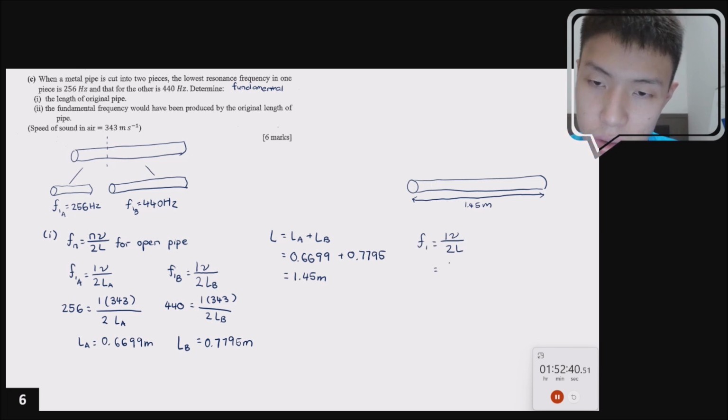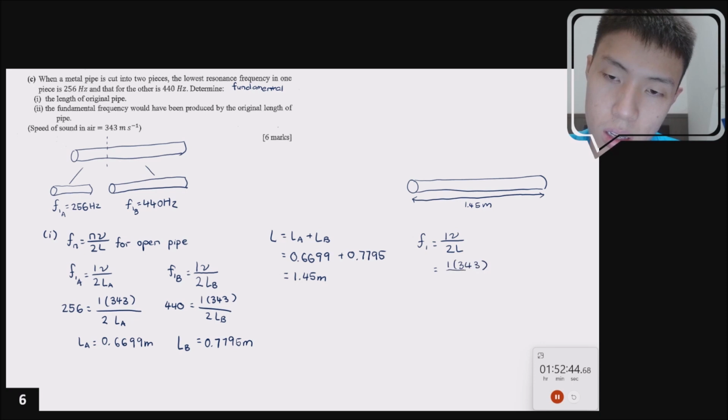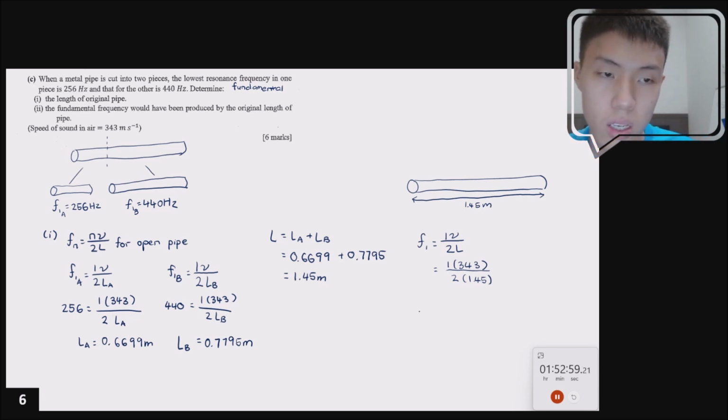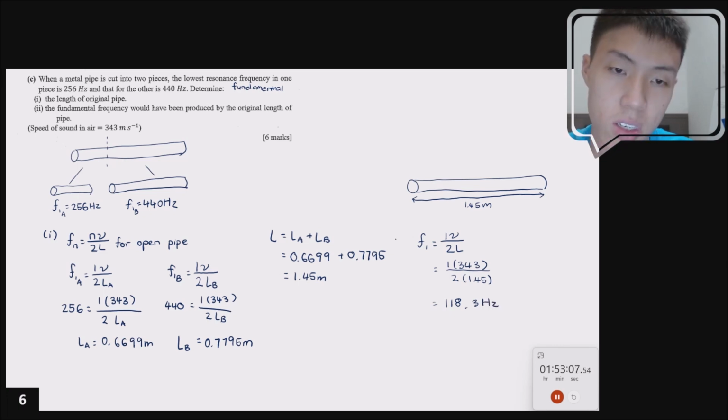So it's just substitution right now. 343, 2, the original length is 1.45. So take 343 divided by 2. Okay, so my fundamental frequency will be equal to 118.3 Hertz. So this is question 2.